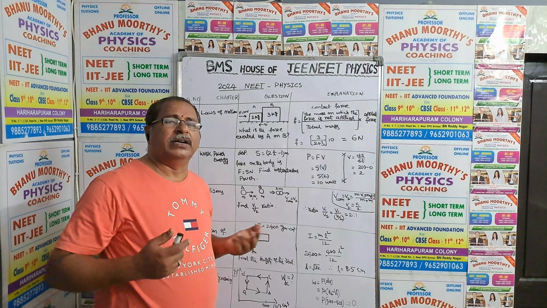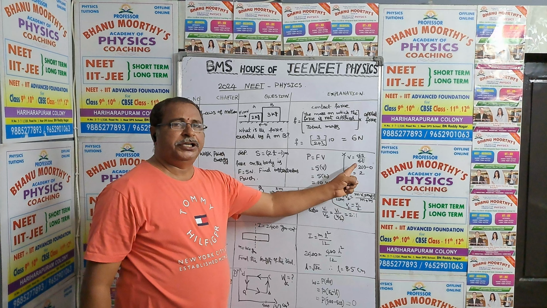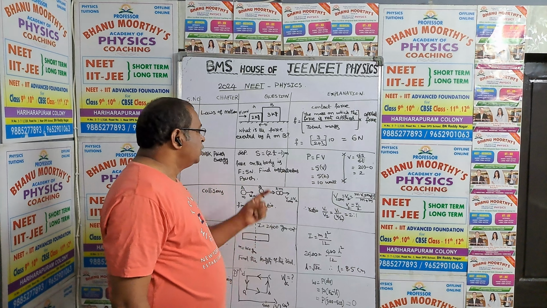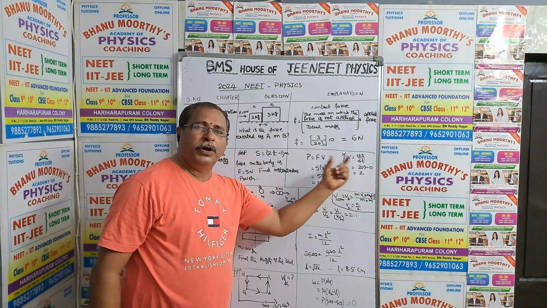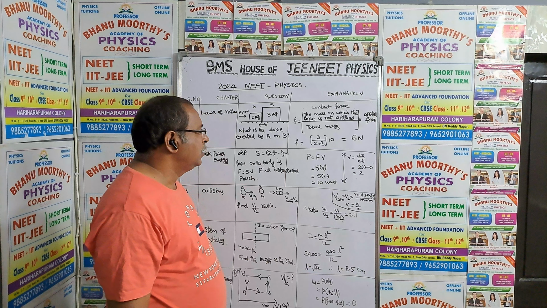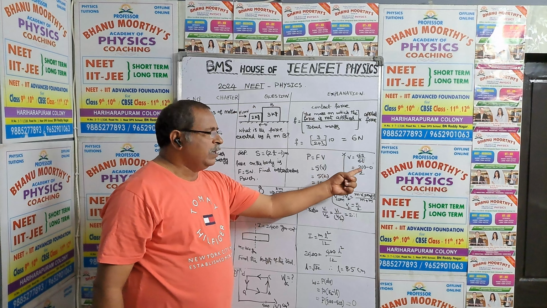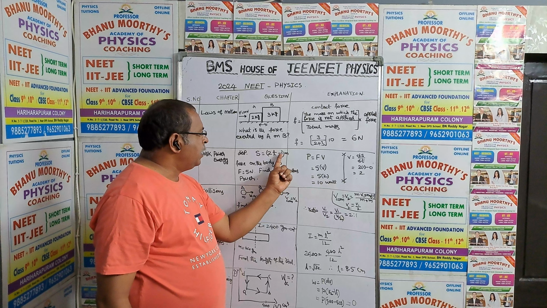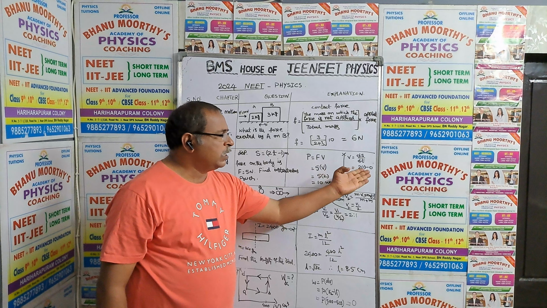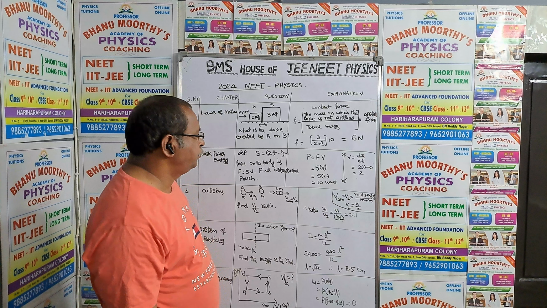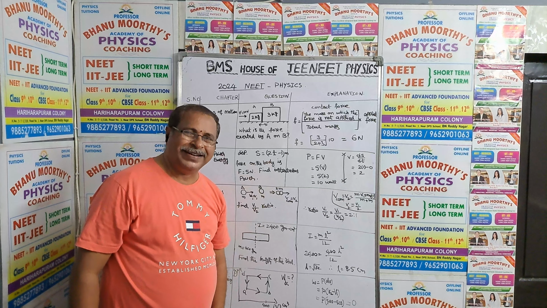Velocity is not given here, so differentiation you have to do. If displacement is differentiated with respect to time, you get velocity. So, t differentiation is 1, and the numerical value's differentiation is 0. So, the answer is 10 lakhs.